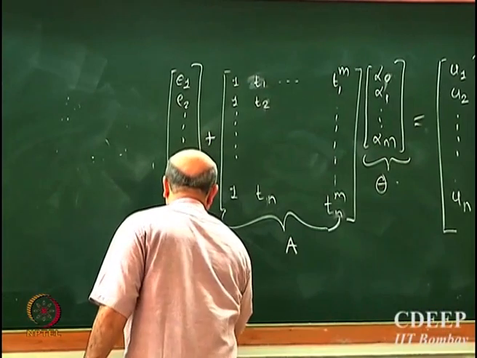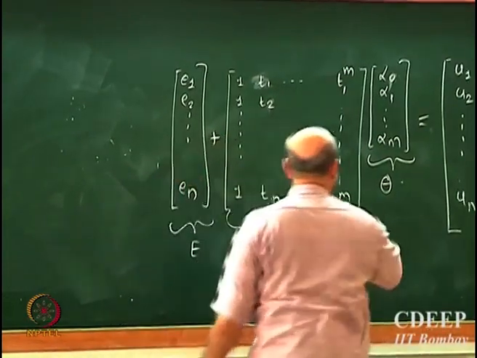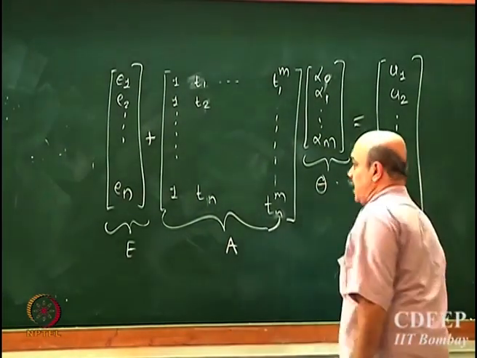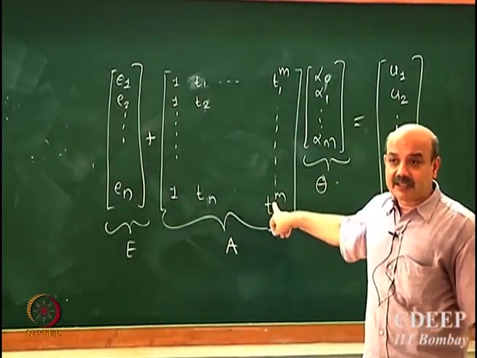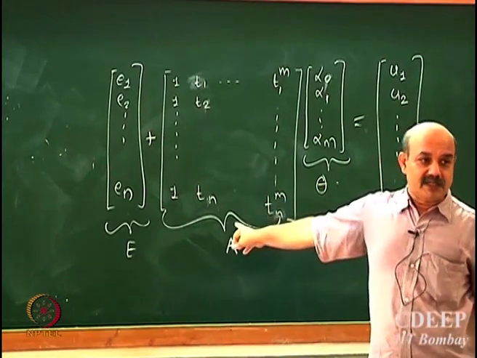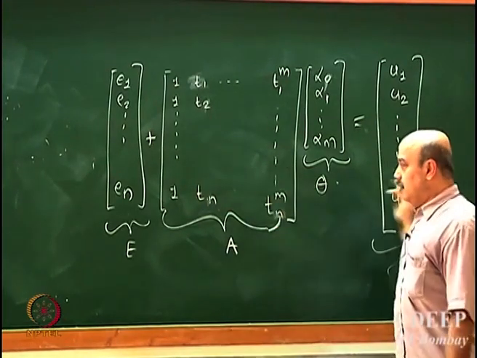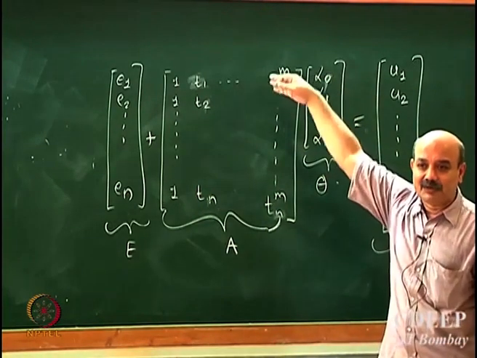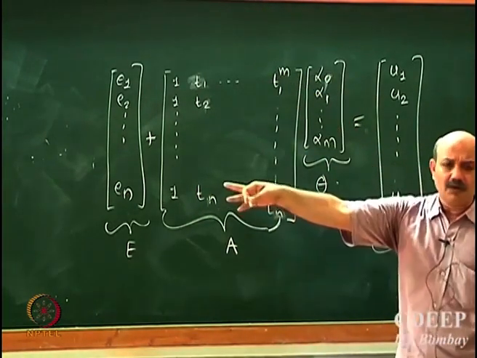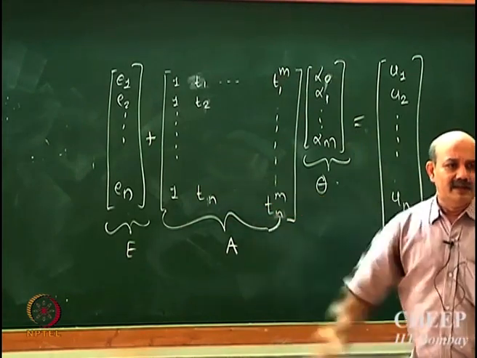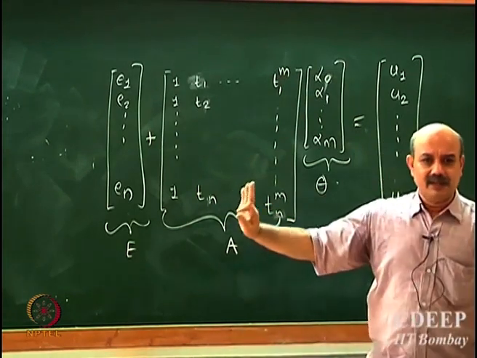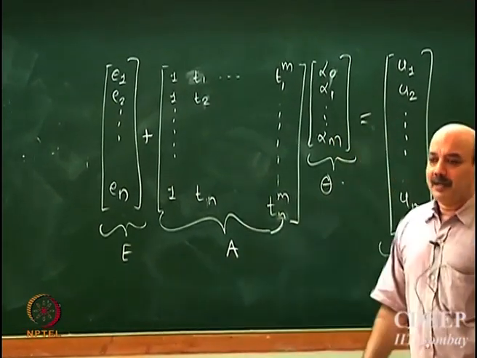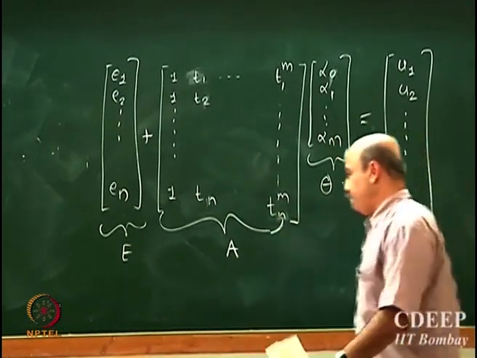So this is my error vector, this is A theta and this is u, except in this particular case this matrix A was a tall matrix, it was not a square matrix. Right now what I am writing there is a square matrix. So I want to solve a square matrix problem by optimization. Is it possible?